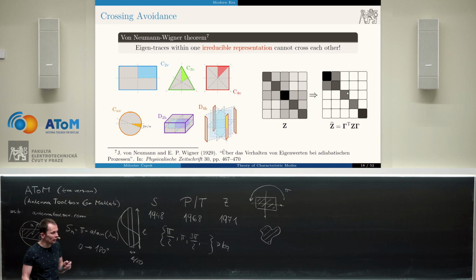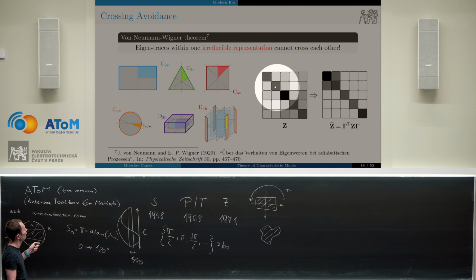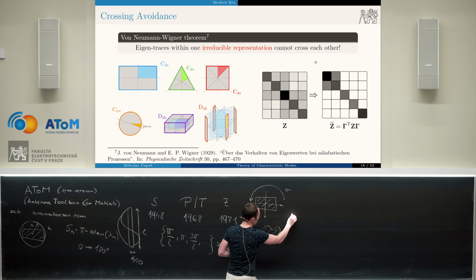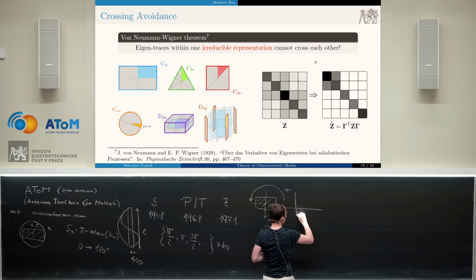And now let's read the von Neumann-Wigner theorem once again for the last time. Eigentraces within one irreducible representation cannot cross each other. So that means that if you have an arbitrarily shaped structure like this, and if you decompose it into characteristic modes, you know from the beginning that there should be no crossings of eigentraces. So something like this for the eigentraces can happen for a symmetrical structure.